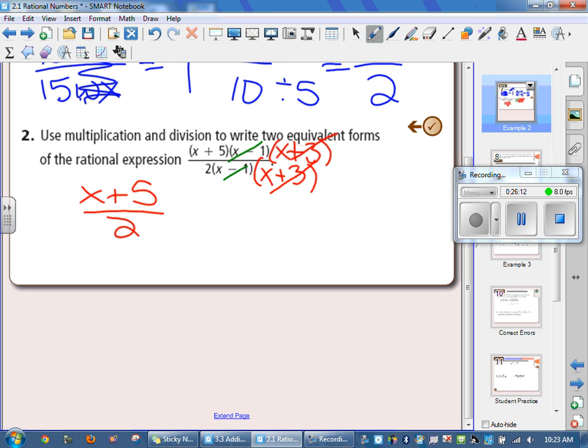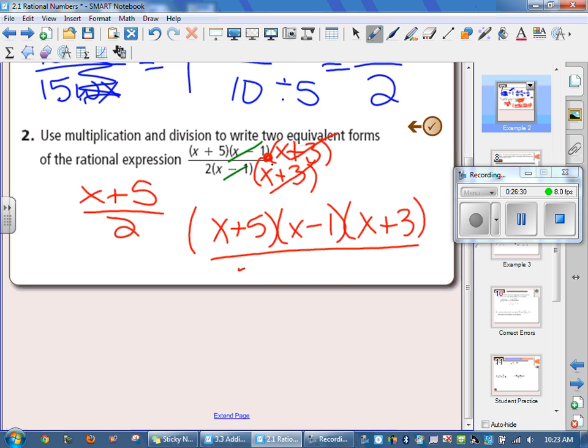So I could have all that. This is equivalent. X plus 5, x minus 1, x plus 3, all over 2, x minus 1, x plus 3. So this would be considered a multiplication one that gives you an equivalent form.